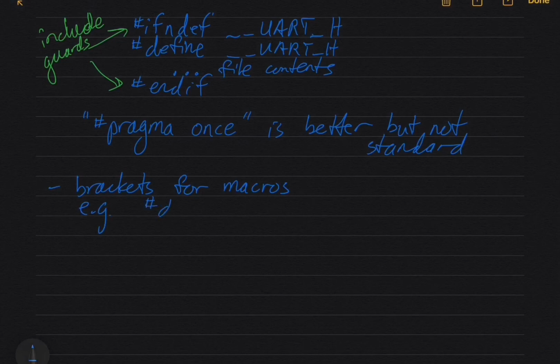Let's just say that I do a #define SQR(x) x times x. So what this will do is in my code, wherever I have this capital SQR(x), it will replace it with x times x. So it's going to square it.